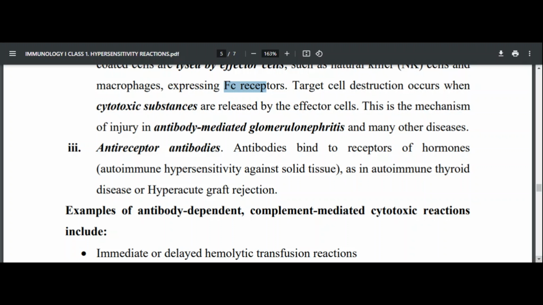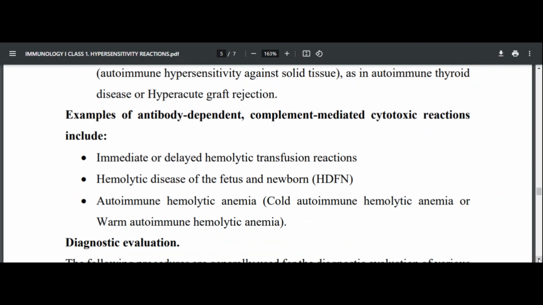So that is what we see in Graves' disease. Graves' disease is also an autoimmune thyroid disease, which leads to hypersecretion of hormones because of those autoantibodies that stimulate receptors for thyroid stimulating hormone. So an example for antibody-dependent complement mediated, of course, we could see some of them.